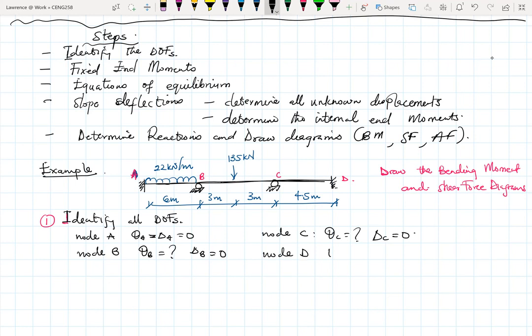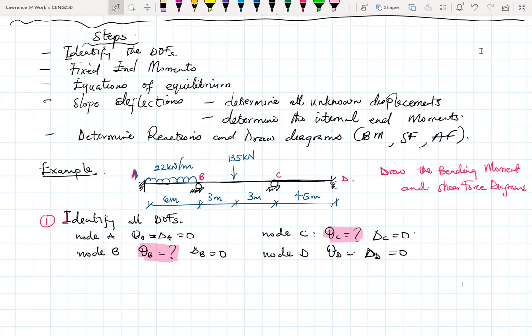Then if you take node D, theta D and delta D follow from the support conditions. So the only unknowns that we have for this particular situation are theta B and theta C. We don't know what these are, so we need to find them. They are the only DOFs that we need to find.